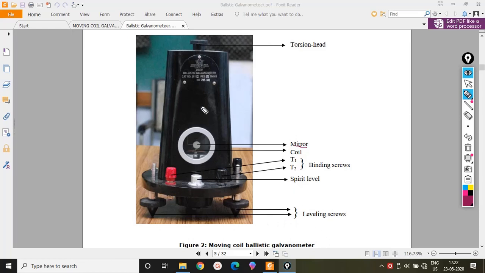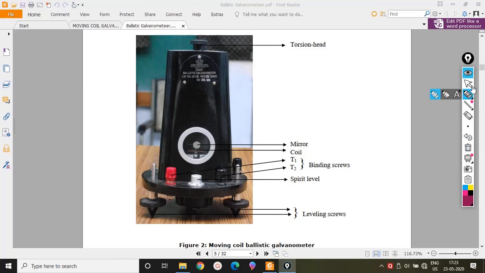Another split level is also provided for the system to remain exactly vertical. It is very important because the deflections will give us the reading of charge, and you have a torsion head also. So this is moving coil ballistic galvanometer, which we use in our laboratory.